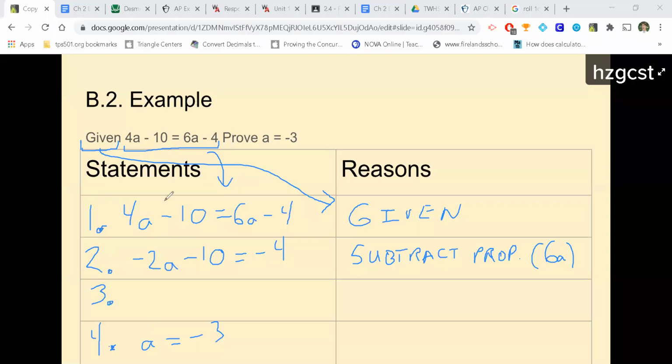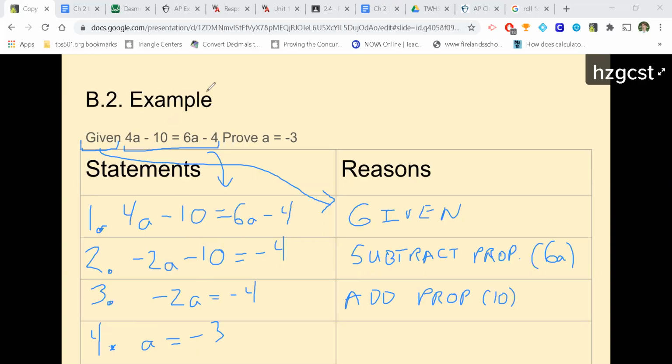All right, I got 2 more steps. I need to get rid of the -2 times, and I need to get rid of the -10. Opposite of -10 is add. Did I goof? Yes, I did.